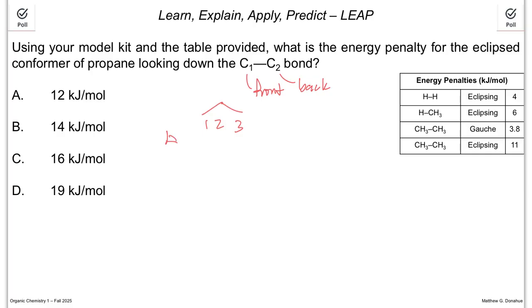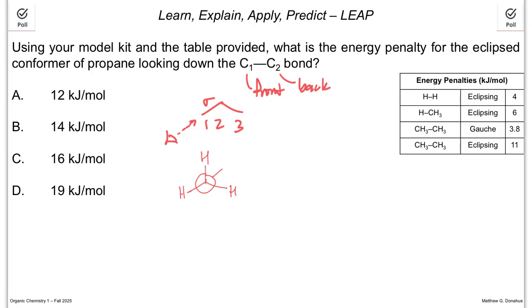So there's our eyeball, and we're looking down that sigma bond. So the front carbon 1 has 3 hydrogen substituents. So that's the front carbon, the 3 hydrogens. Now the back carbon is represented by a circle, and then it's going to have 3 substituents sprouting out from the edge of that circle.